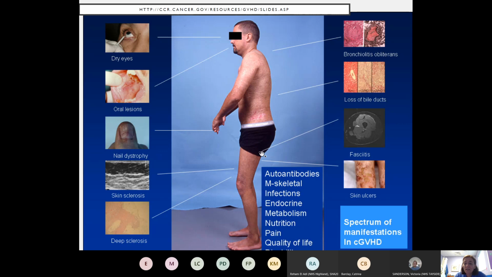You can get fasciitis of the joints, skin ulceration because of the loss of normal skin architecture and the normal adnexal structures of the skin. There's no skin nourishment going on, and it causes a really globally awful impact on quality of life.